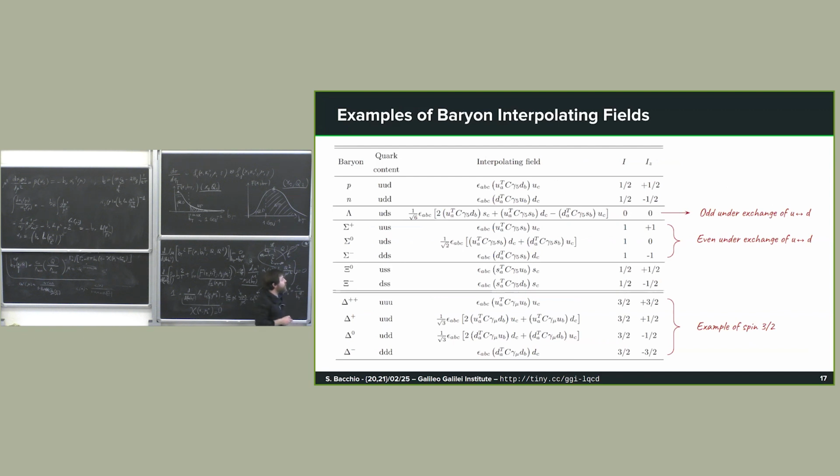Here is an example of how you construct all the baryons. For instance, if you want a lambda, you can even distinguish between a lambda and a sigma 0. This is interesting because although they have exactly the same quark content, UDS, the lambda has a mass that is slightly smaller than that of the sigma.